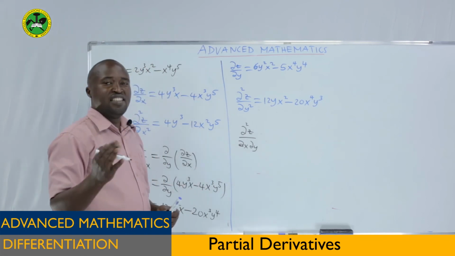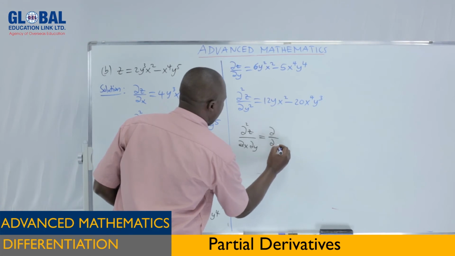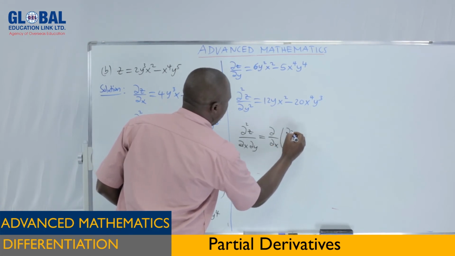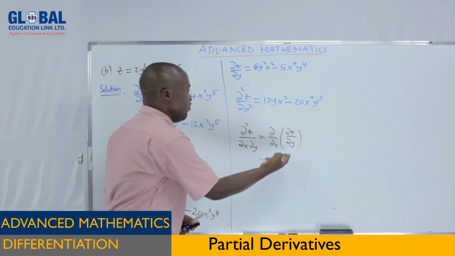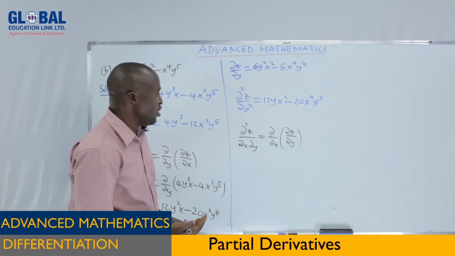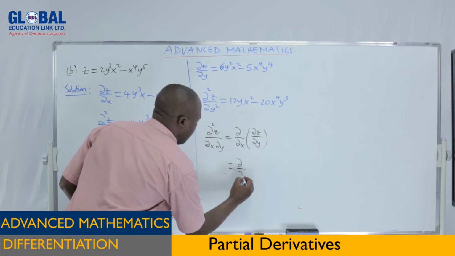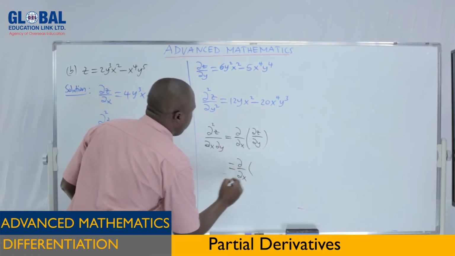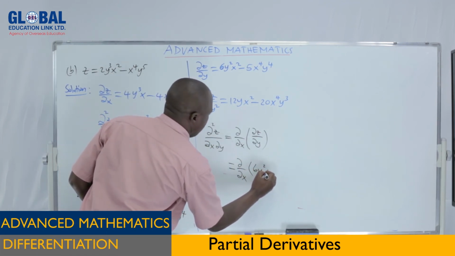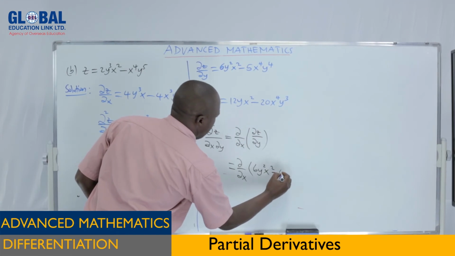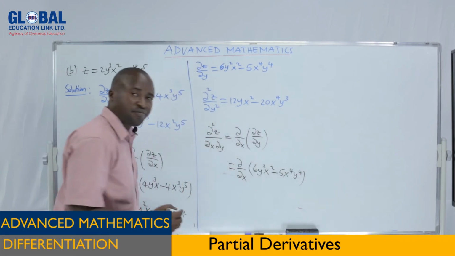So remember, as I said earlier, this one can be written as partial derivative with respect to x of partial derivative of z with respect to y. But of course already we have this value of partial derivative of z with respect to y. So in this case we have the partial derivative with respect to x of 6y squared x squared minus 5x power 4 y power 4.